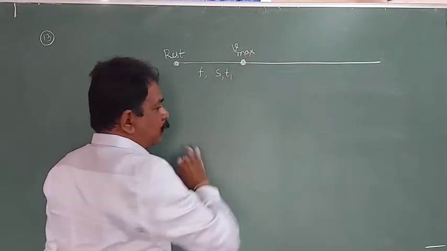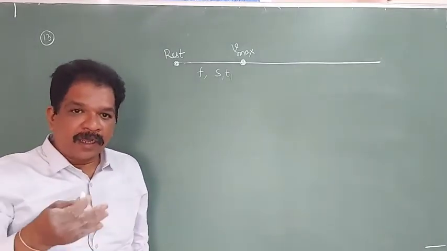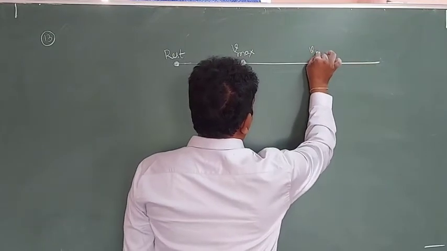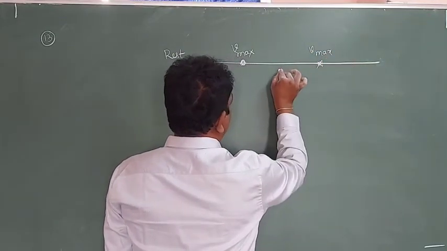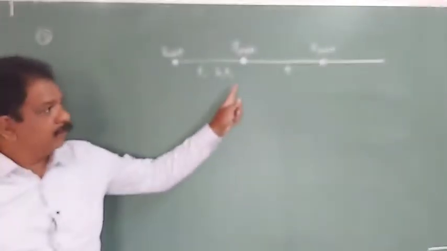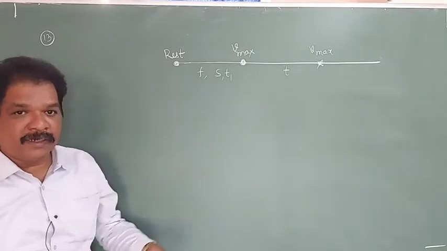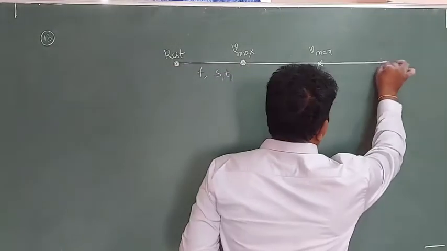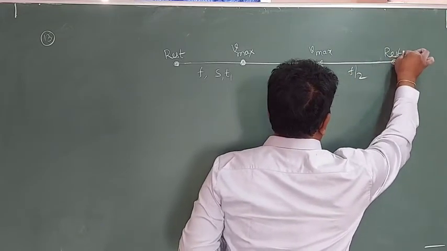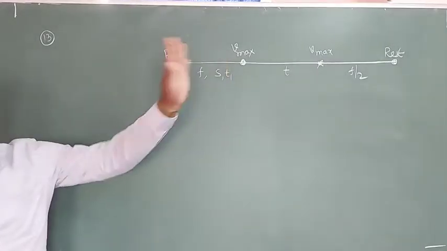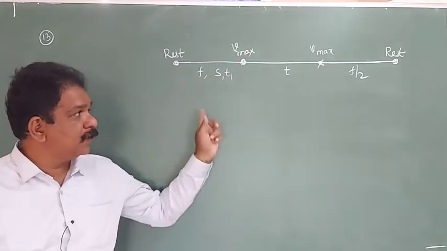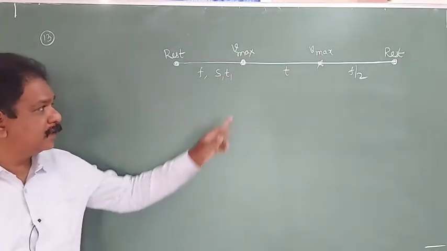With that maximum velocity, it travelled for some time t, as they mentioned. From there again it decelerates at the rate f by 2 and finally comes to rest. Total journey is 15 s. Then what is the relation between s and t?